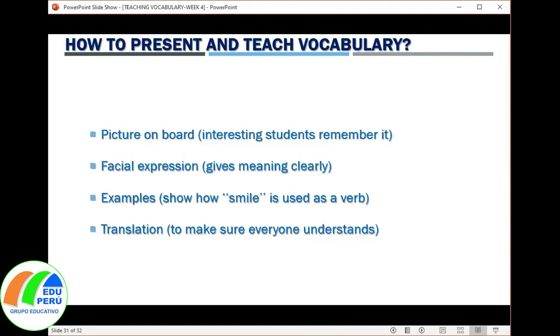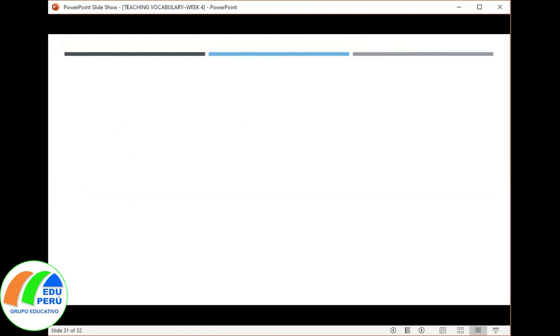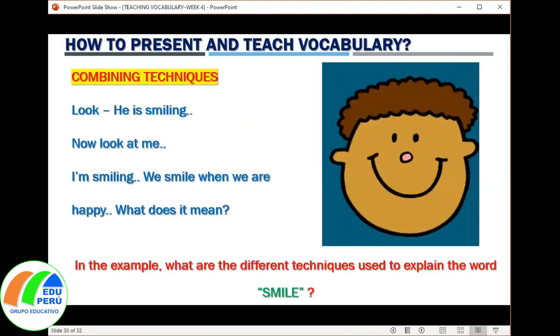So notice the different techniques that the teacher uses in this activity. A simple one, but he is using different techniques. First, he is using visual aids, specifically a picture.